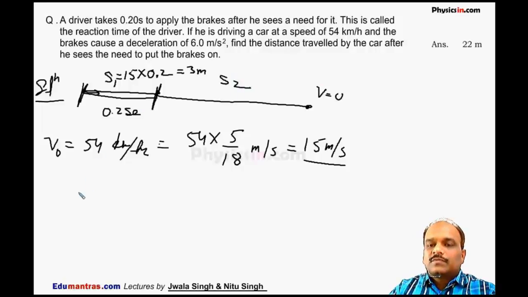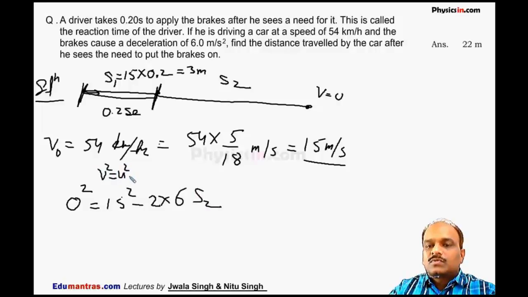So for s2 the final velocity is 0, so 0 square is equal to u square, that is 15 square, minus twice the retardation, which is 6, into s2. We are using directly v square is equal to u square plus twice as. The final velocity of the car is 0, initial is 15 meter per second, acceleration is 6, and the displacement is s2.